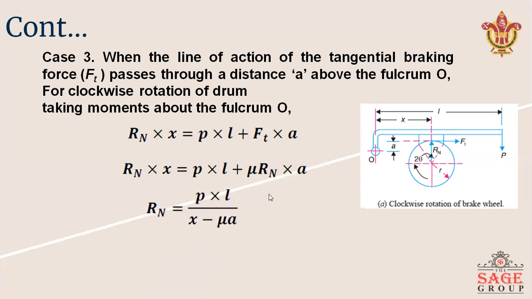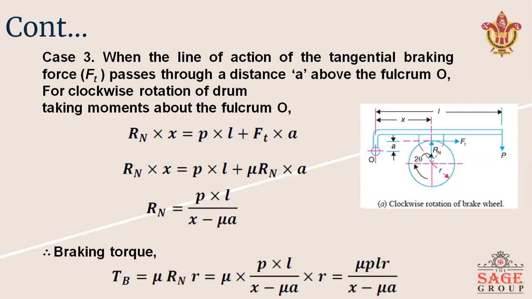The braking torque Tb is equal to mu Rn into R. Substituting the value of Rn, we get Tb equals mu P L R upon x minus mu a. So this is the simple numerical derivation of the single shoe brake.